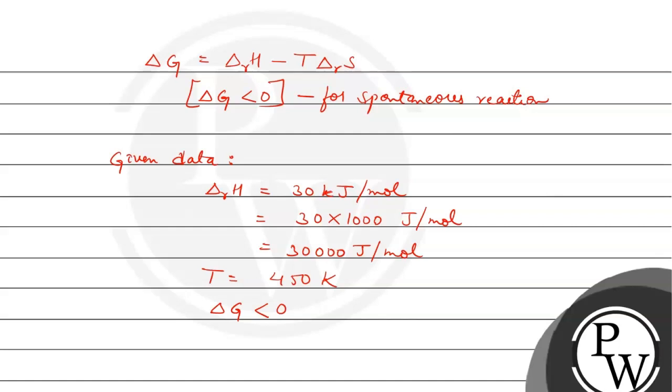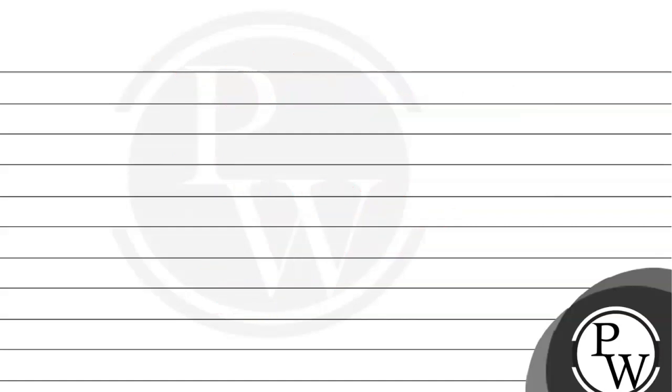Now, the condition for spontaneity: the equation we know is delta G is equal to delta RH minus T delta Rs. Delta G should be less than 0, so this term should also be less than 0.